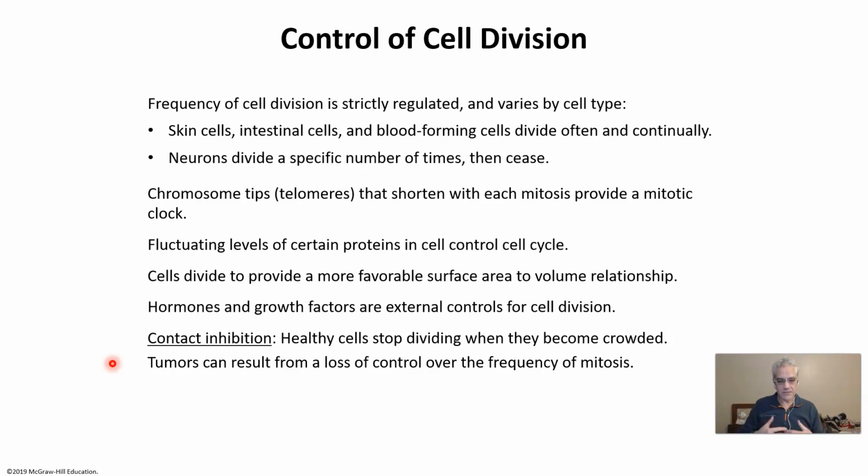Tumor cells do not follow that principle. They live outside of contact inhibition, so they continually make more of themselves. Well, that's out of control. And so there you go. Tumors can result from a loss of control over frequency of mitosis, so they continue to divide when they shouldn't.